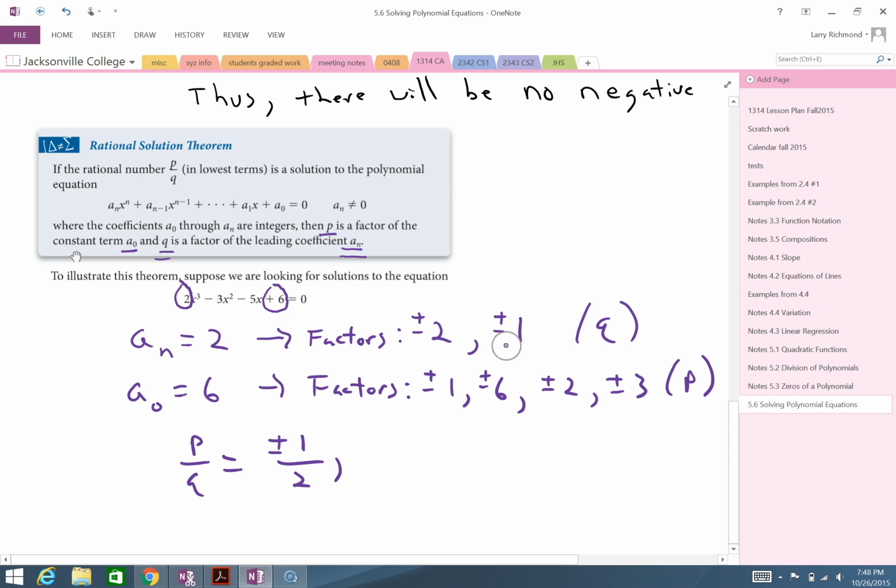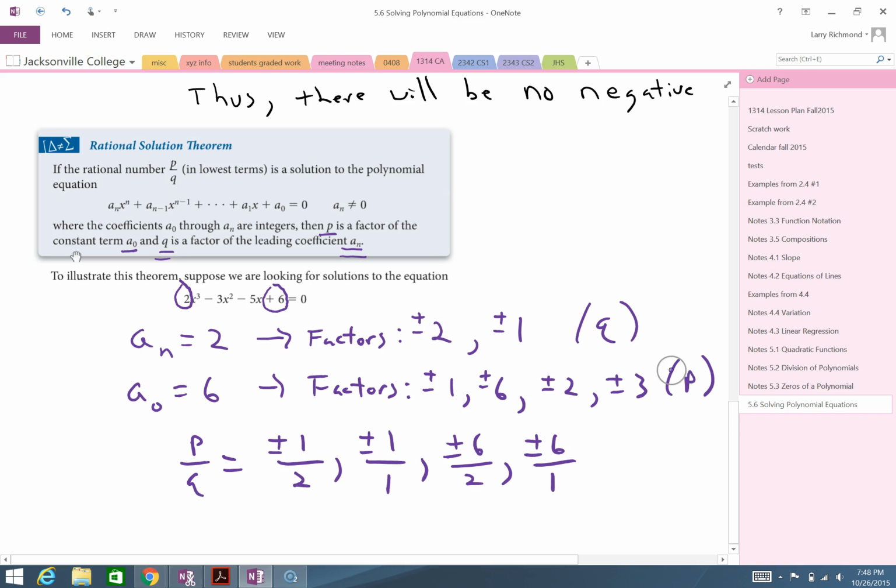Now I want this p divided by this q, so plus and minus 1 divided by 1. Next, p divided by q, plus and minus 6 divided by 2. Then plus and minus 6 divided by 1.